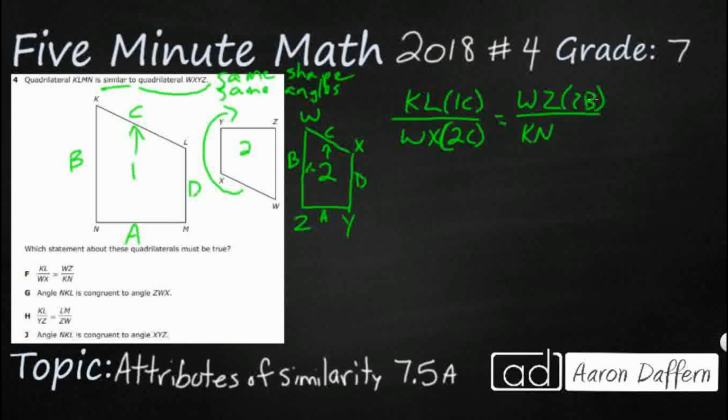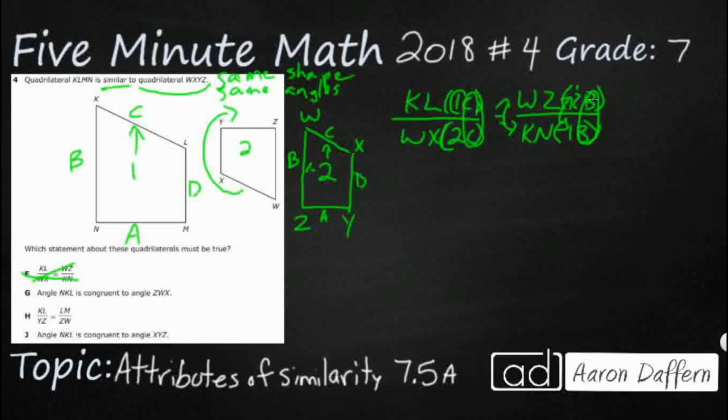KN is going to be 1B. That's actually very close, because the B's work, B over B, C over C. But you need shape 1 to be in the numerator in both, or shape 2 to be in the numerator in both. So it's very, very tricky. But that's not going to work, because we just need to flip the WZ and KN. If we flip these two right here, we would actually be good.